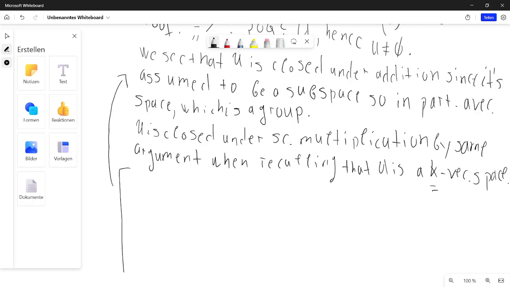It's just an explanation. U subset of V being a subspace, a vector space, is always meant, unless otherwise stated, as follows.